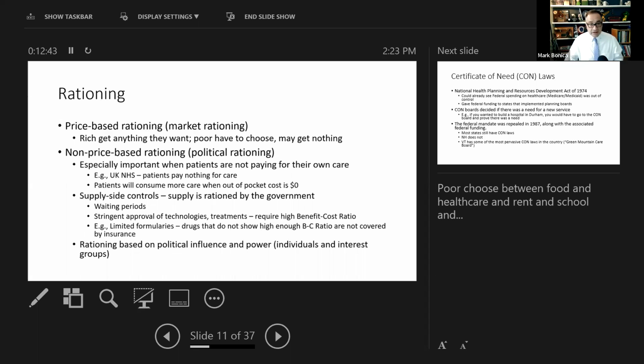Instead of it being allocated based on price, it's based on power, right? Healthcare is going to be rationed in one way or another because it's a resource that everybody wants. So it just kind of depends on your worldview as to which one you prefer to have.